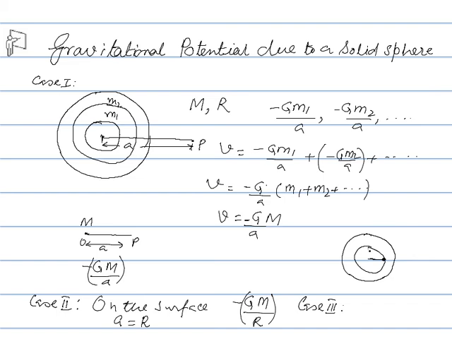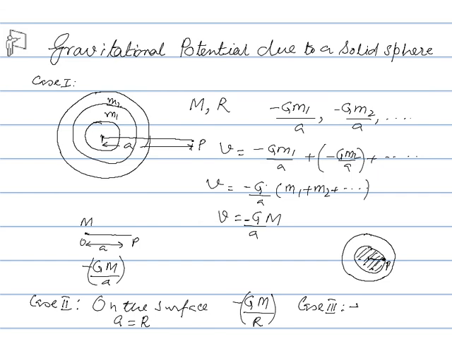Now to find the potential at P because of the whole solid sphere when the point is lying inside the solid sphere, in this case we can imagine the solid sphere to be made up of two parts.